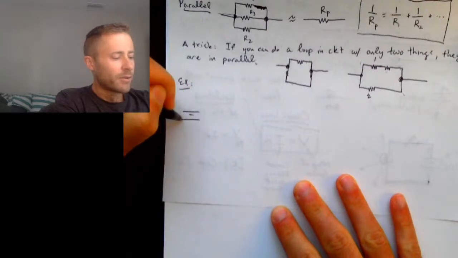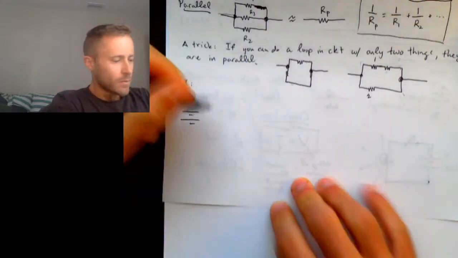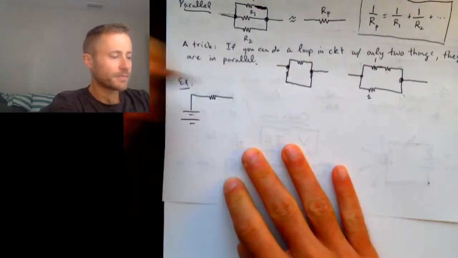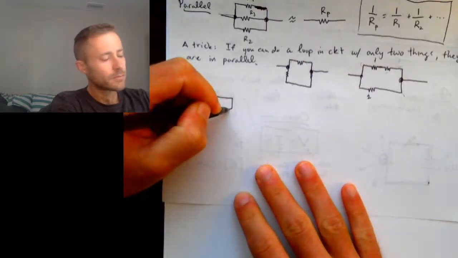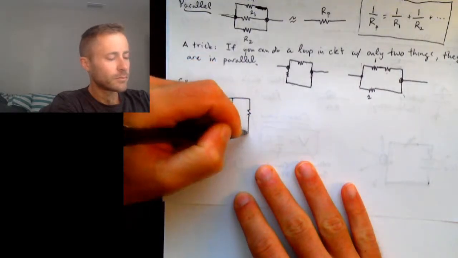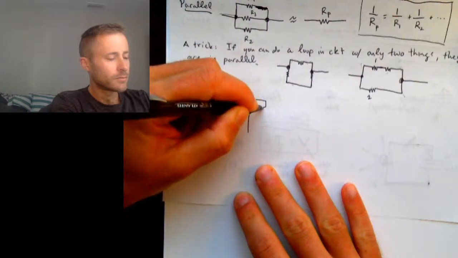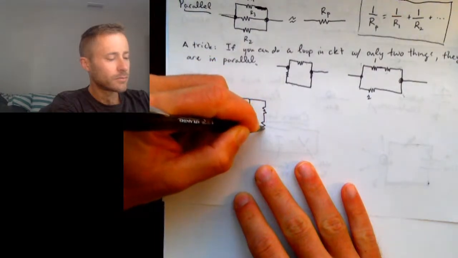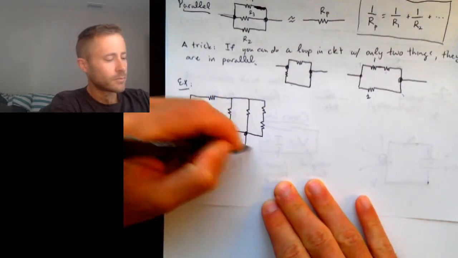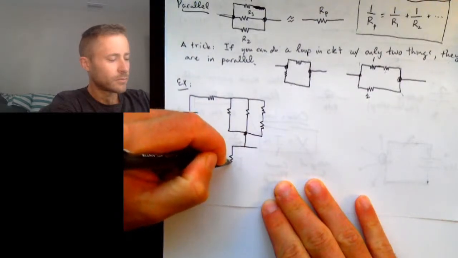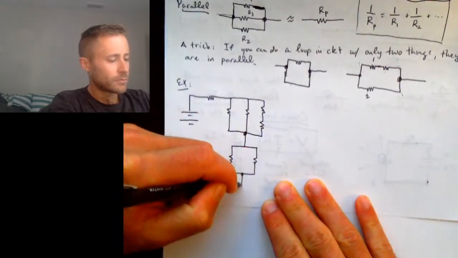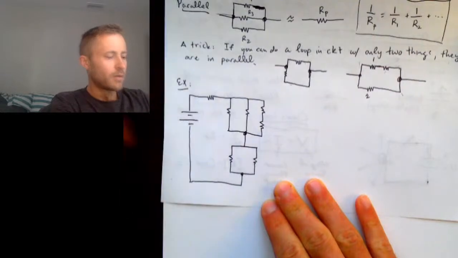Okay, so we got a battery right here. And then we got a bunch of resistors. Okay.